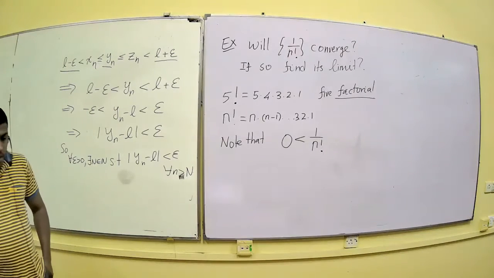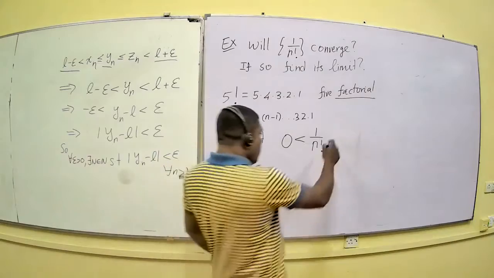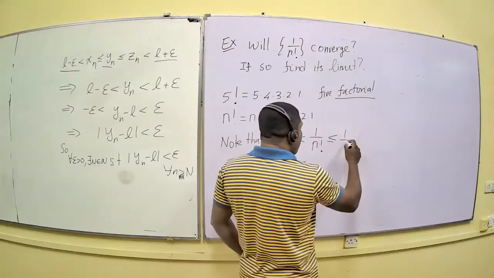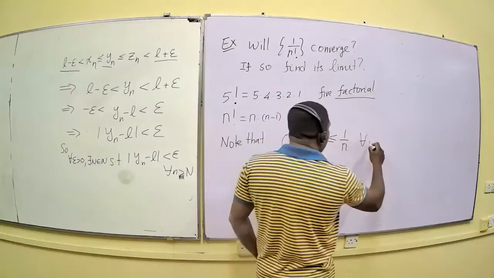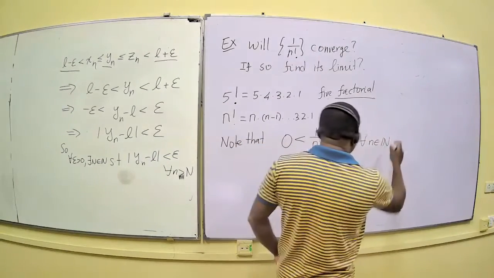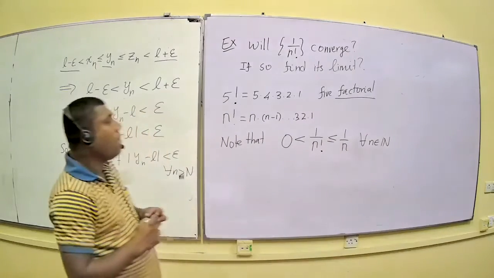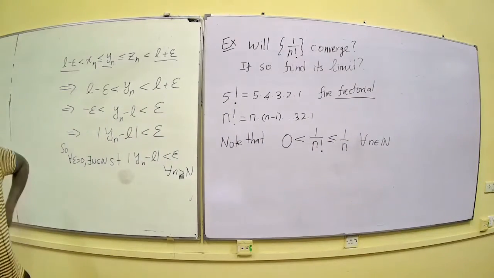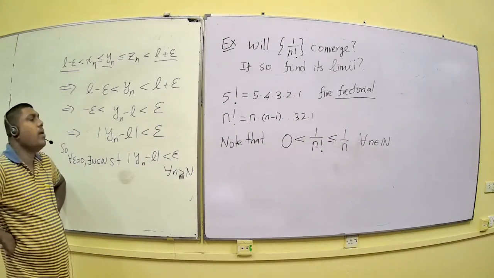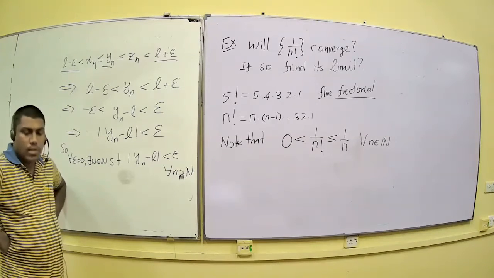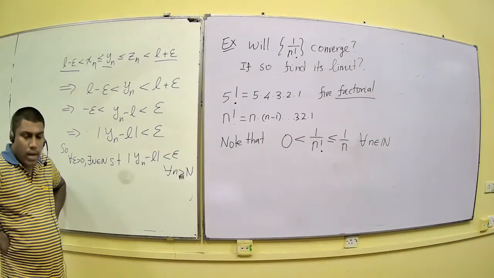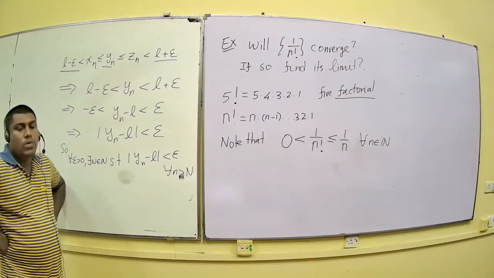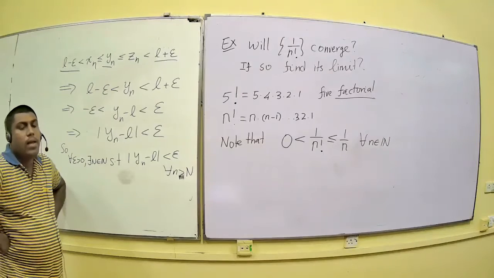And it will always be less than or equal to 1 upon n, for all n belonging to the natural numbers. If n is 1, it is 1 upon 1 factorial, which is 1, and 1 upon n is 1, so they are equal. If n is 2, that is 1 upon 2 and 1 upon 2, equal.